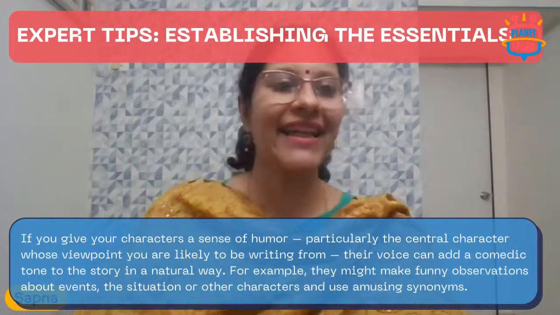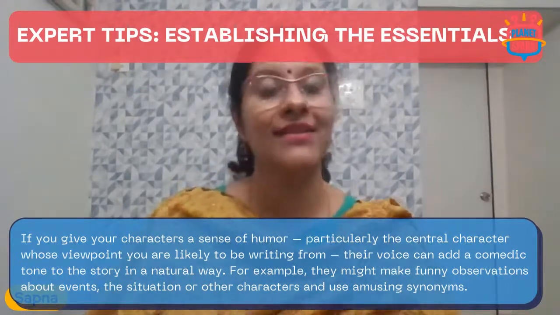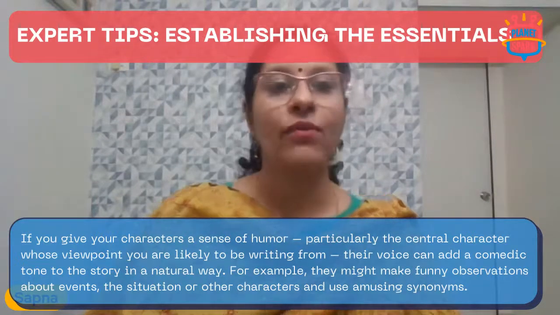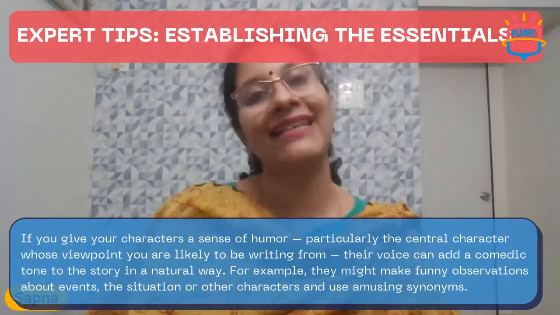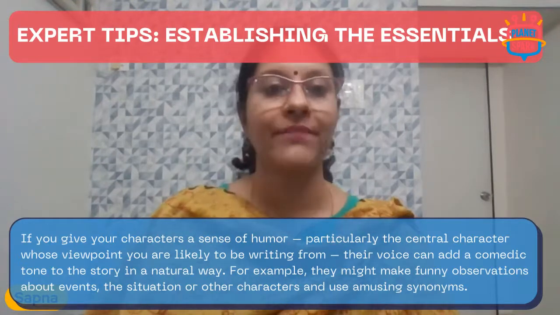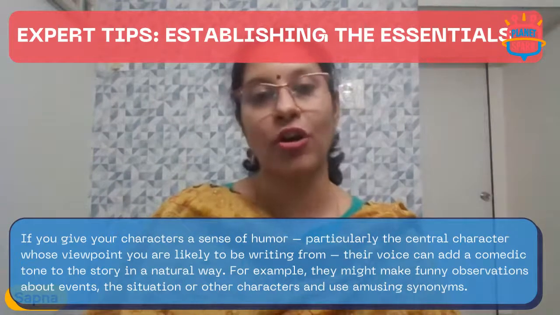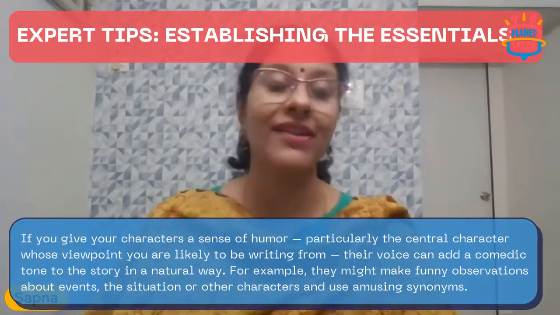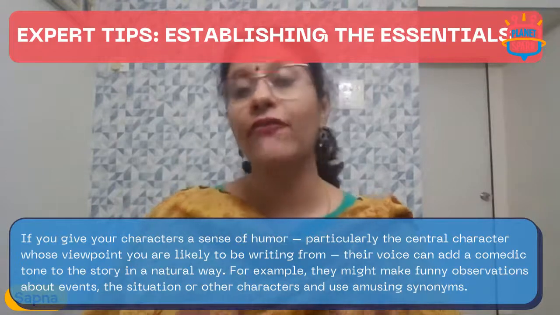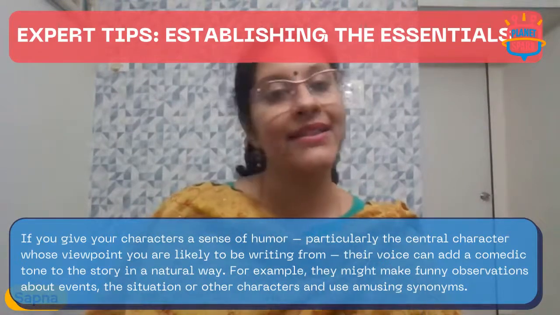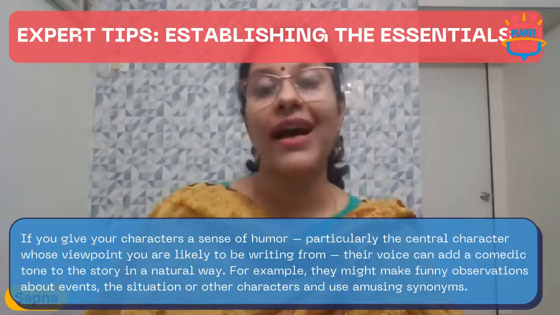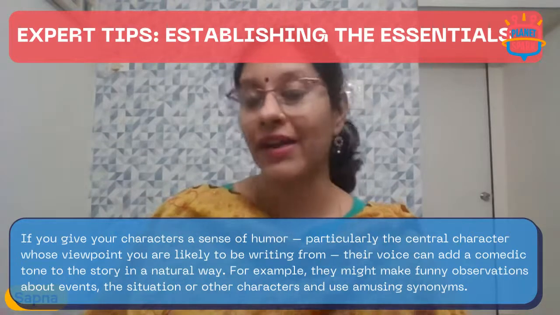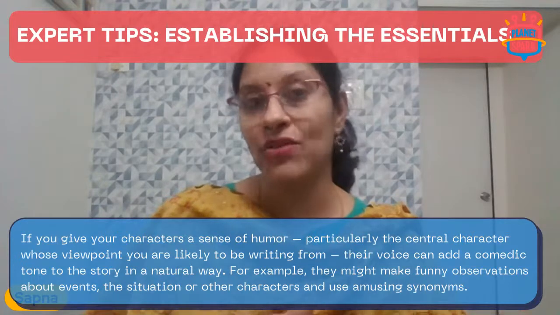And now, for the second expert tip, you can also give your characters a sense of humor, particularly the central character of your story. Now, the central character or the protagonist whose viewpoint you're likely to be writing the plot from, if their voice can have a comedy tone in a natural way, then it's going to help your story, right? For example, the protagonist can make a funny observation about events, about daily life, or maybe about situations or other characters whom they find amusing in the story, right?